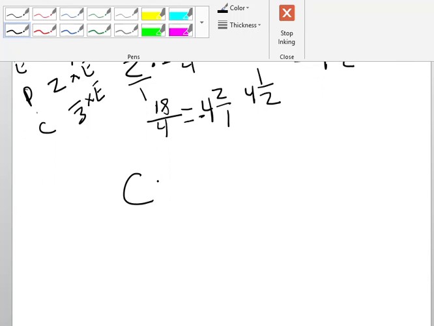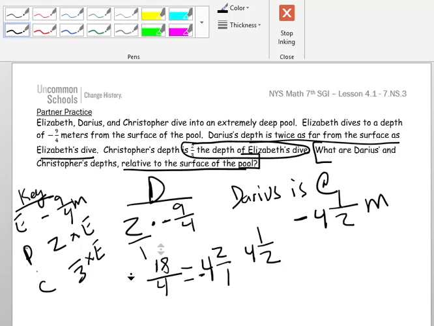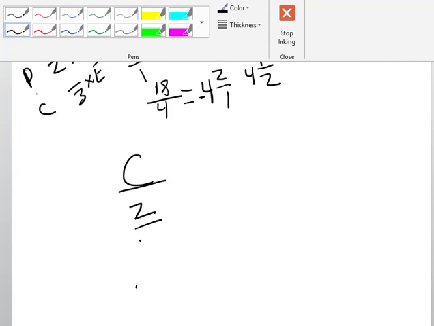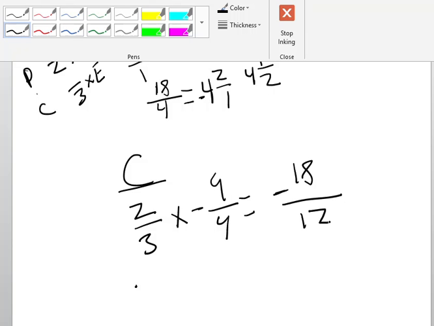All right, let's talk about Christopher. He is 2/3 times negative 9/4. It's going to give me negative 18 over 3 times 4, which is 12.